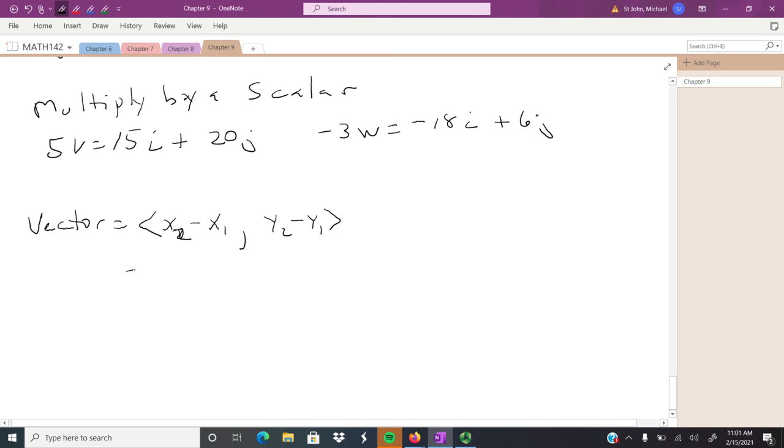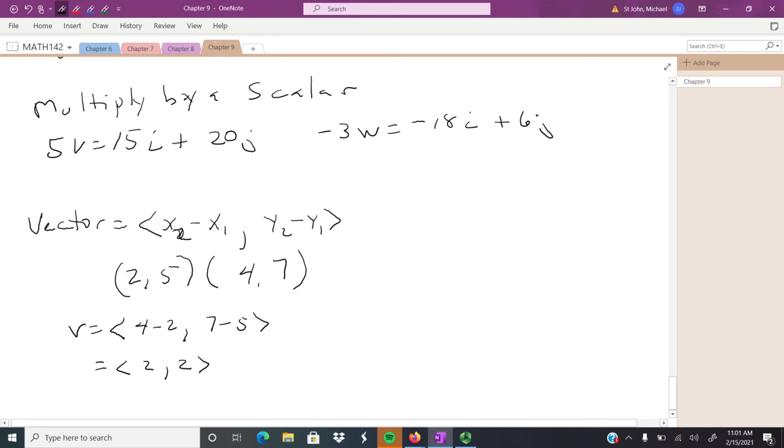So if I had the point 2, 5, the other point here is 4, 7, then my vector is going to be 4 minus 2, 7 minus 5. So this is going to give us 2, 2. Okay.